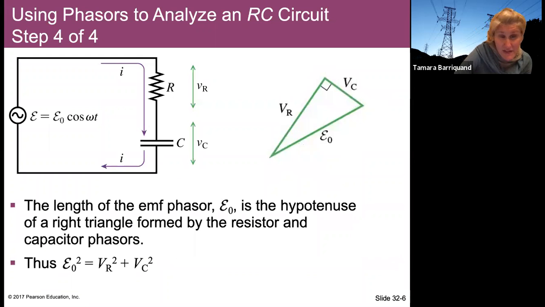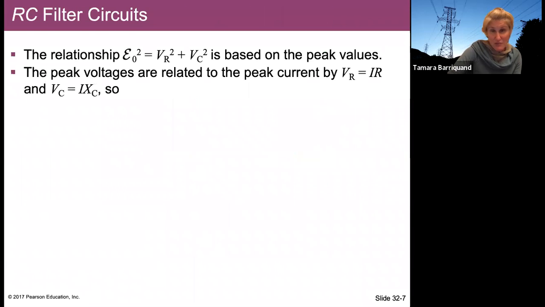The length of the EMF phasor, EMF naught, is going to be the hypotenuse of a right triangle formed by the resistor and capacitor phasors. Since it is the hypotenuse, we can use the Pythagorean theorem, A squared plus B squared equals C squared.